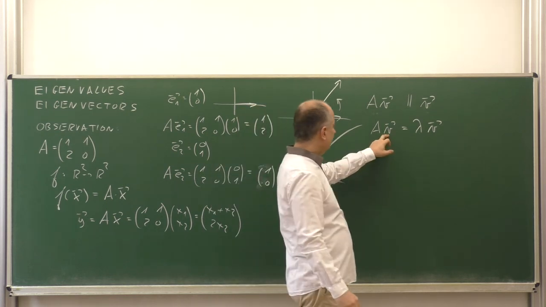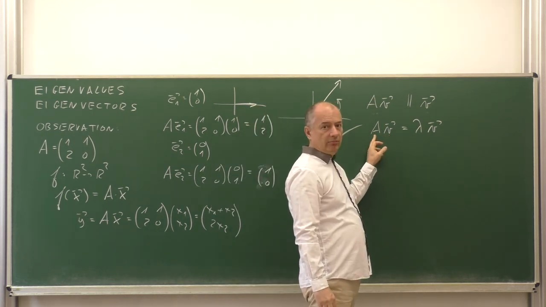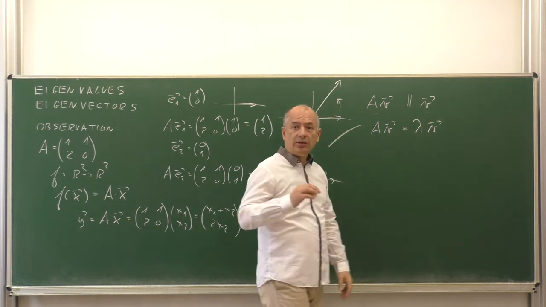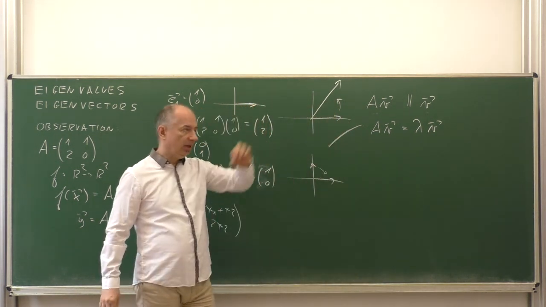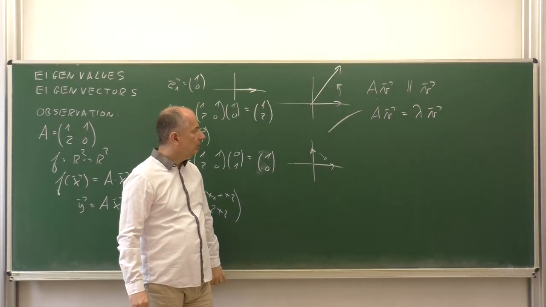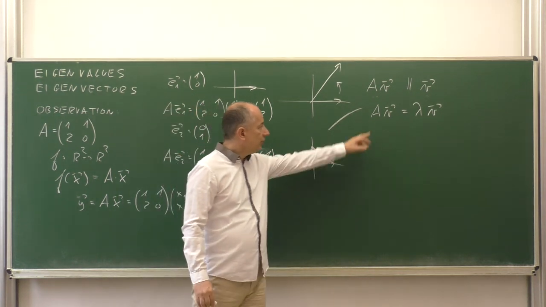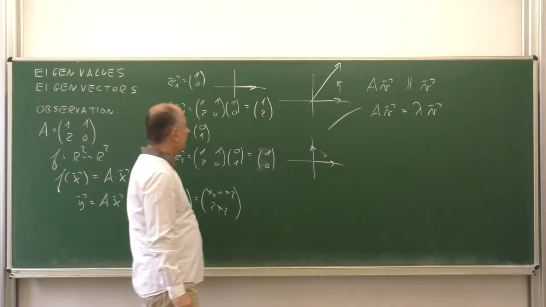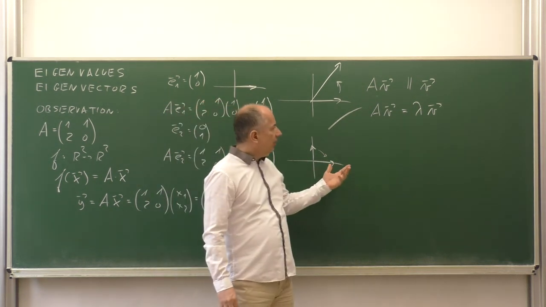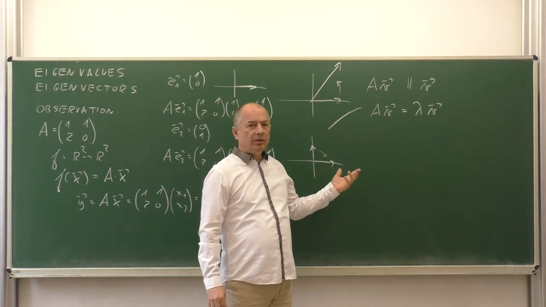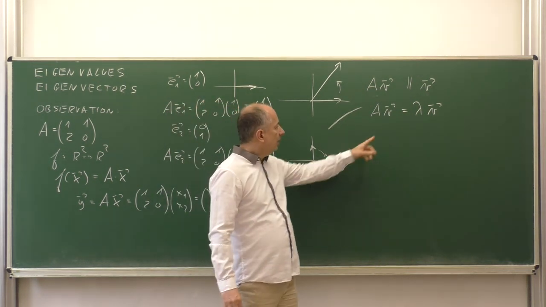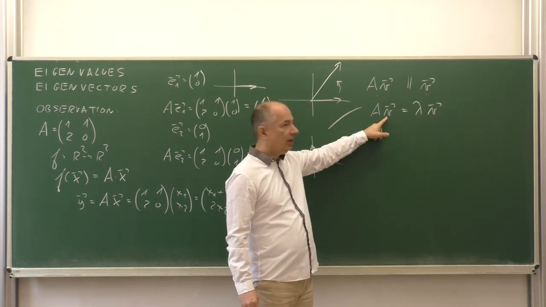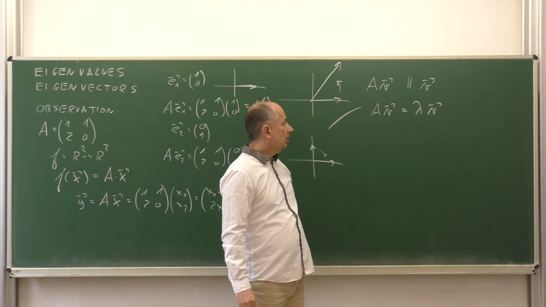So we want to find a vector such that when multiplied by a matrix has the same result as if we multiply the vector by a scalar, by a number. That means in the same line. And we assume the matrix A is given. So for a 2 by 2 matrix, how many equations and how many unknowns do we have? One unknown is lambda, and for a 2 by 2 matrix we have two more unknowns, the two components of the vector.